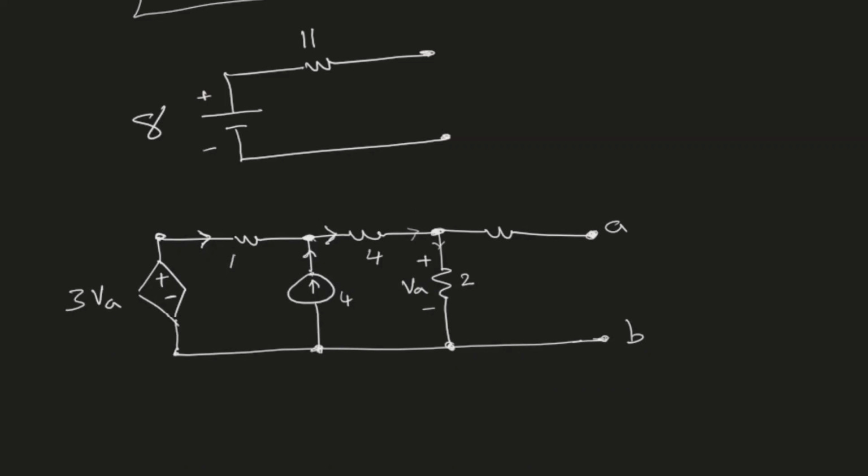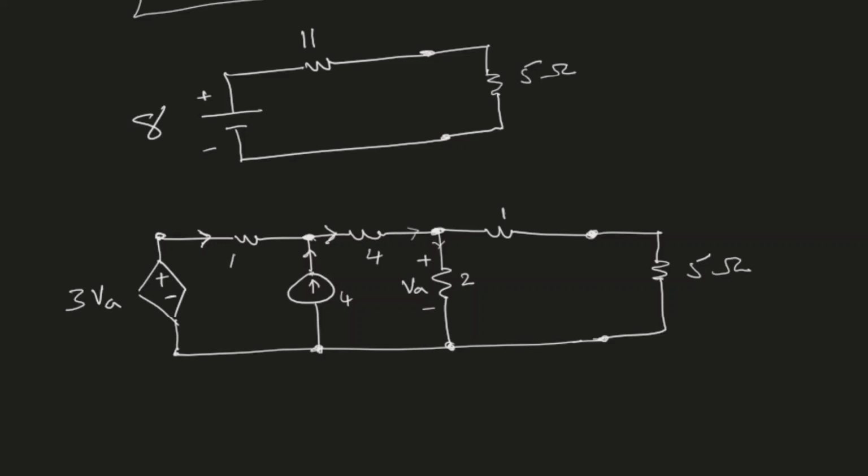Now we just want to show that these two circuits will produce the same behavior, or the same voltage-current relation at the output. To keep things simple, I will choose a load resistance of 5 ohm. So let's say this is my load resistance, 5 ohm, and I will connect the 5 ohm to both circuits. And now we can just calculate and see what we get from the two circuits.